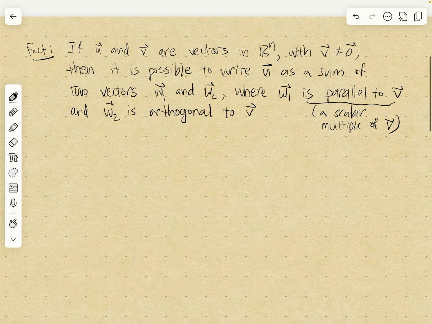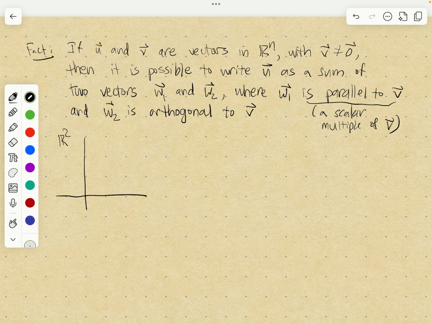And let's draw a picture to illustrate what's going on. So let's say that you have R2. So here's R2. And let's say that u is this vector, and v is like that vector.